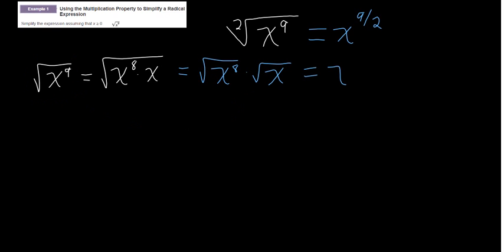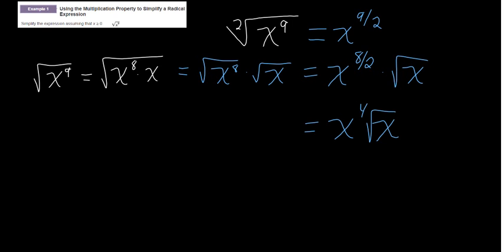This turns into x to the 8 halves, because it's a 2, times the square root of x, which we'll just keep as the square root of x. Well, what is x to the 8 halves? That's x to the 4th times the square root of x. Okay. And that's our solution.